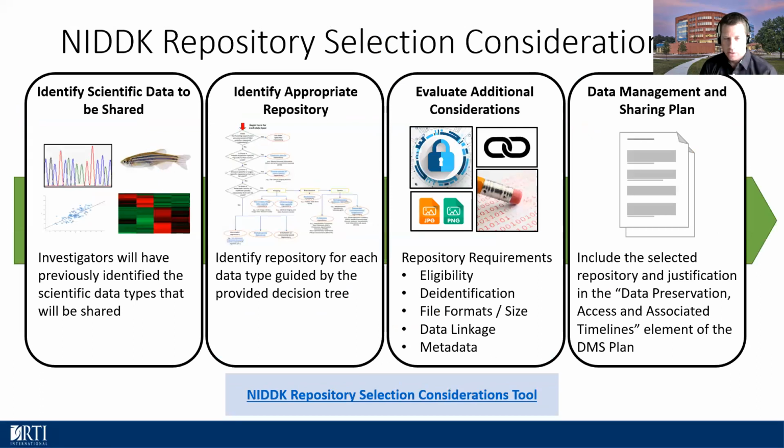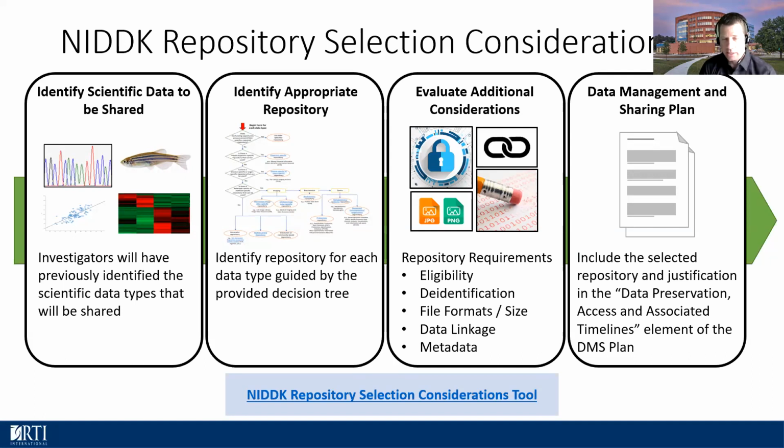Okay, so in addition, the NIDDK has created a repository selection considerations tool. This tool will help investigators identify the characteristics of the repositories and the preference of NIDDK for the data repositories based on each of your data types. So this tool is available at the NIDDK DMS website and starts off with a specific data type.